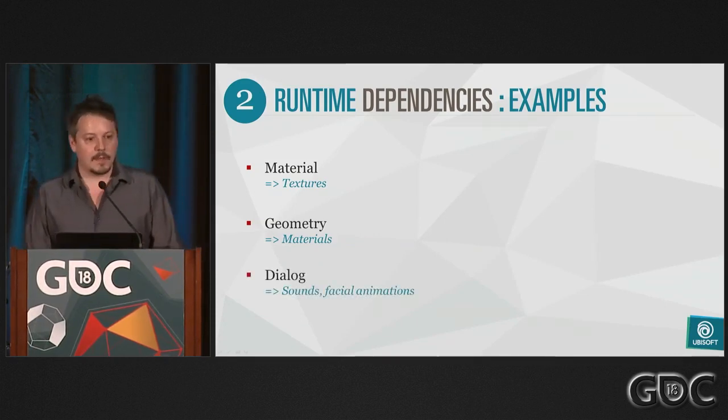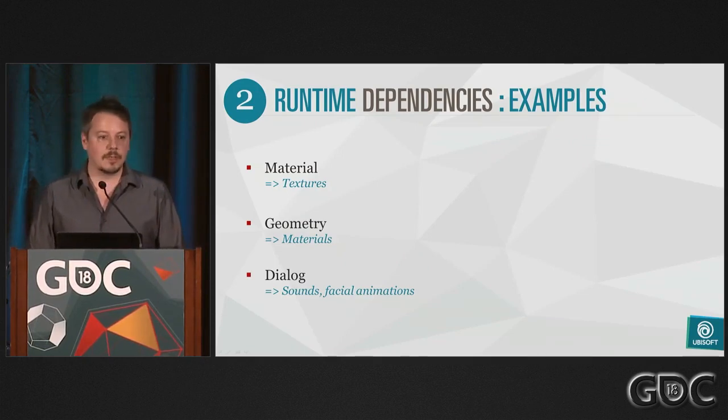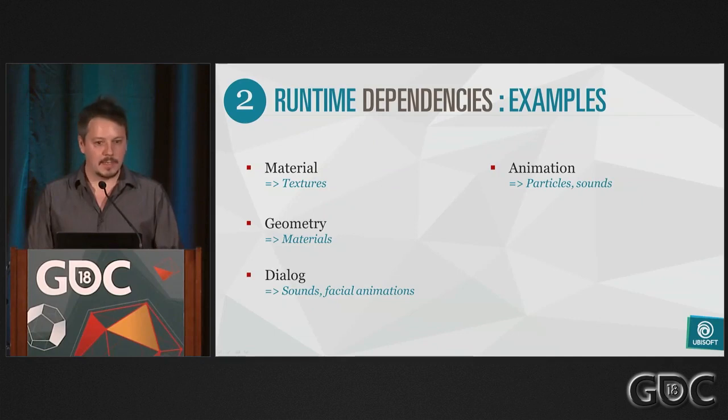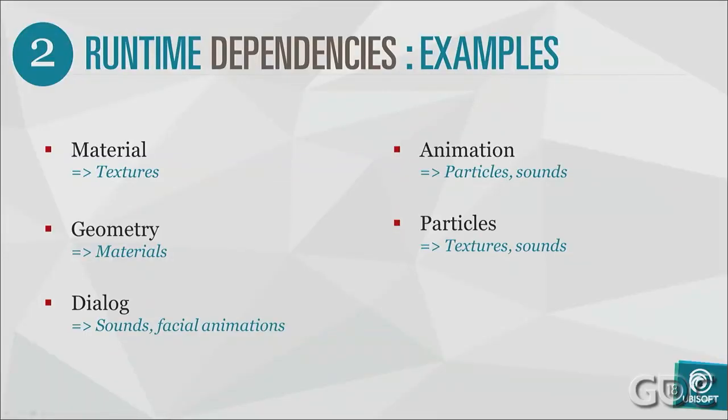A dialogue may have some dependency over sounds or facial animation, which won't change the dialogue itself. An animation may emit some particle or play some sounds when you're actually playing this animation. And some particles may have some dependency over textures and sounds that need to be played when you're actually spawning your particle.